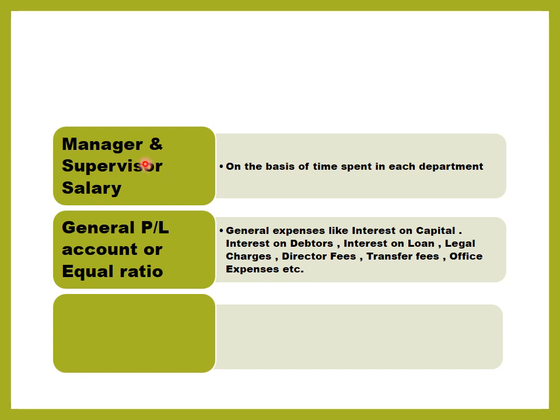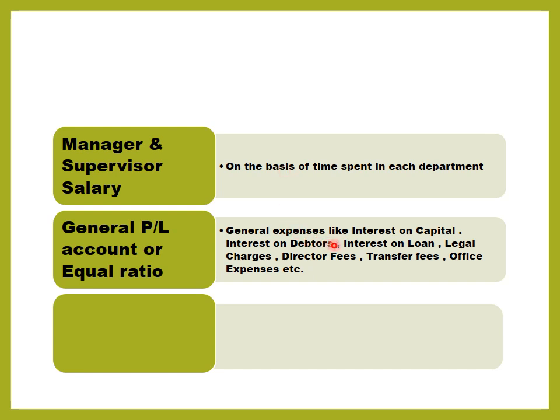So manager salary, supervisor salary should be distributed on the basis of time spent in each department. For example, the supervisor has spent 4 hours in department A, 2 hours in department B. So the ratio will be 4:2.